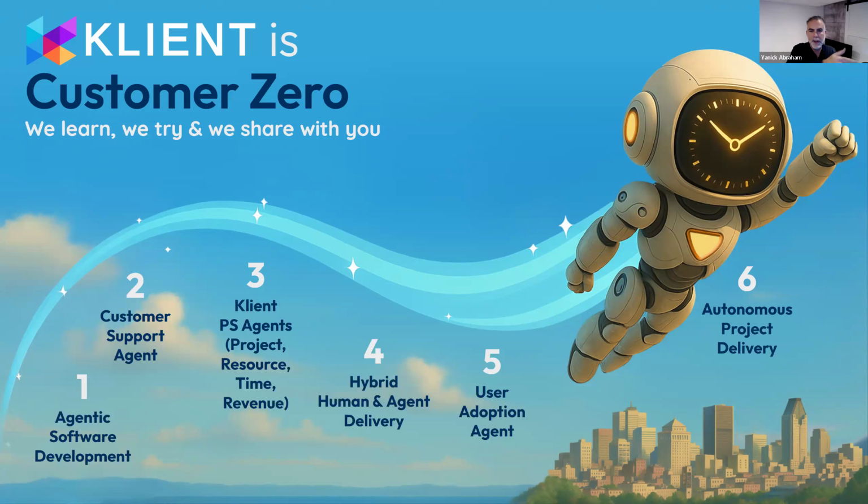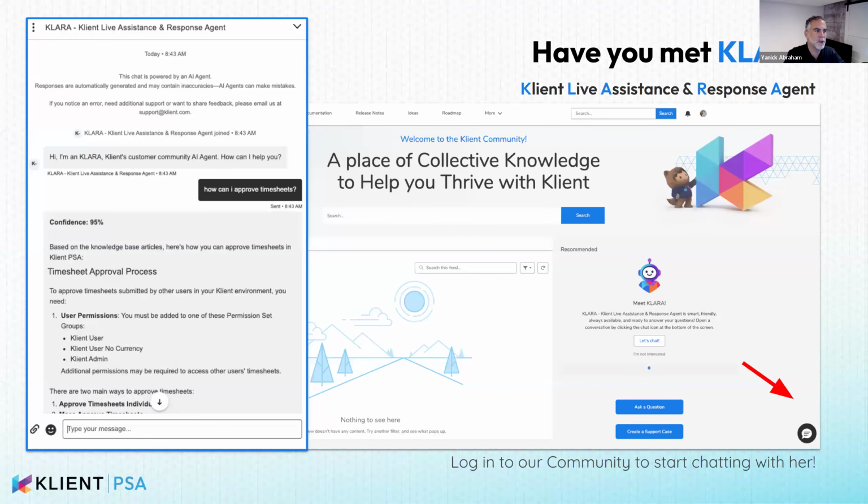So this is one of the agents that I saw a demo of this week. And where we're going is that we're going to have a hybrid human and agent delivery. So we're going to assign agent and human on task to eventually go to that autonomous project delivery, which is a goal for us in 2026. And the technology is ready now. Salesforce has some really cool stuff, and we have something exciting to announce as well, Rosalie.